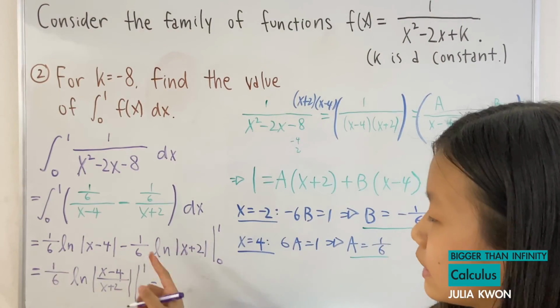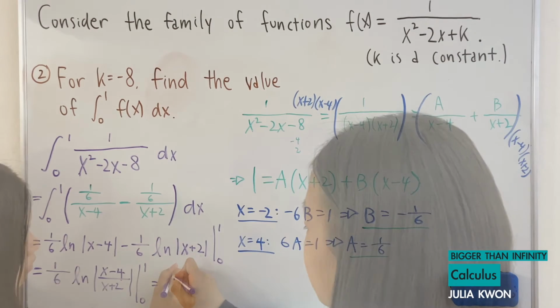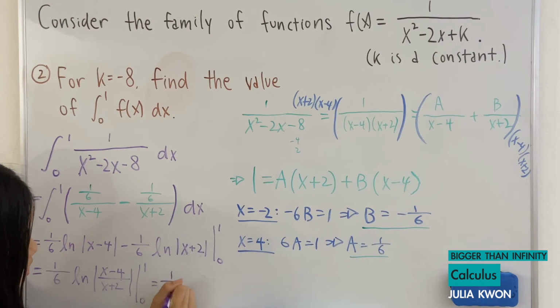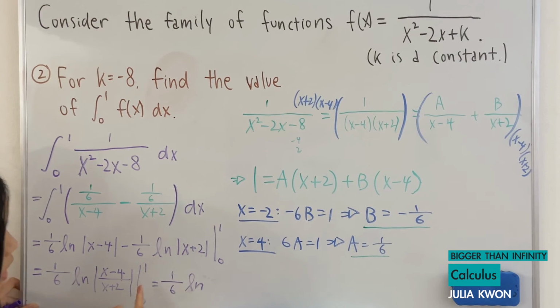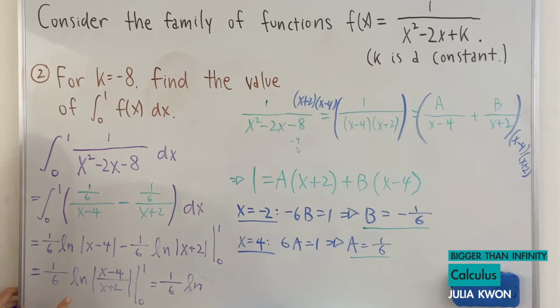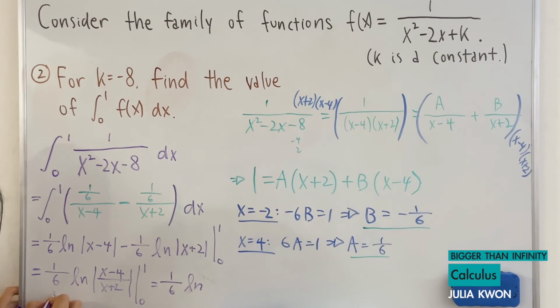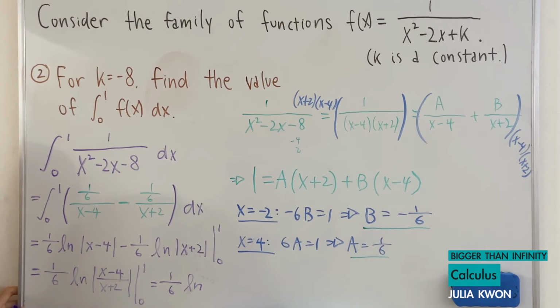If we put in x is equal to 1 into here, we have 1 over 6 multiplied by ln of, negative 3 over 3, so that's just negative 1, but since we have the absolute value, we would just have 1.